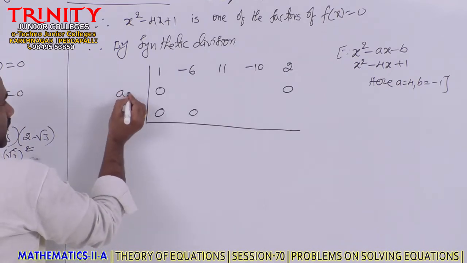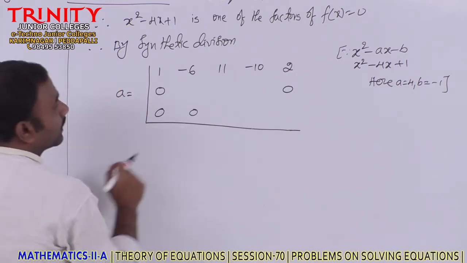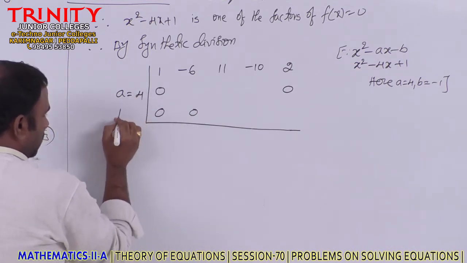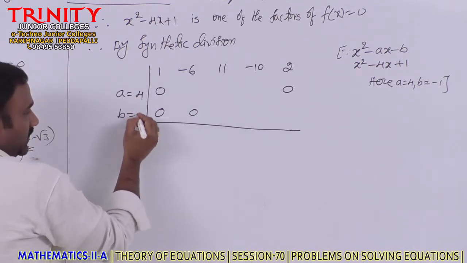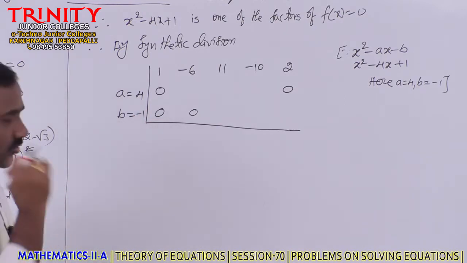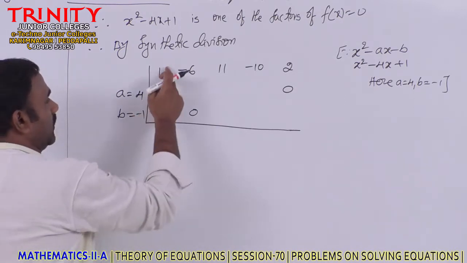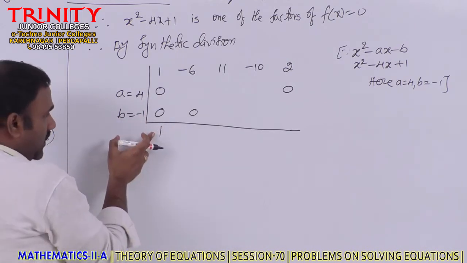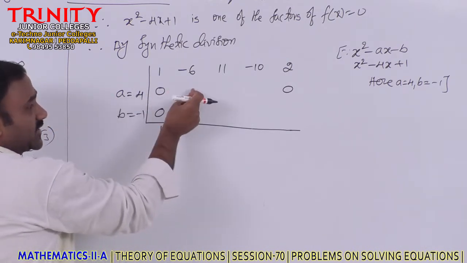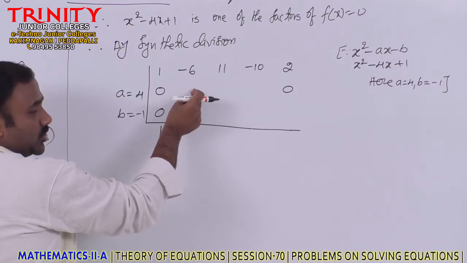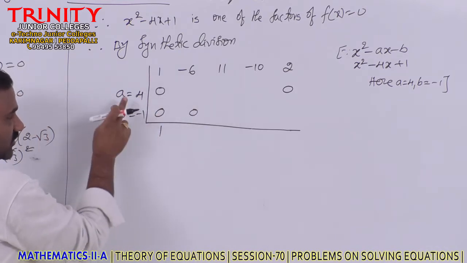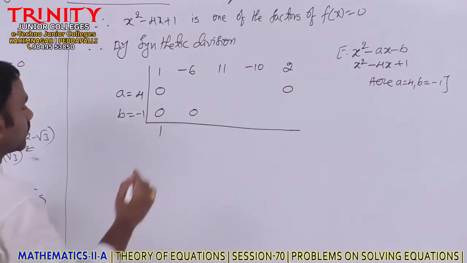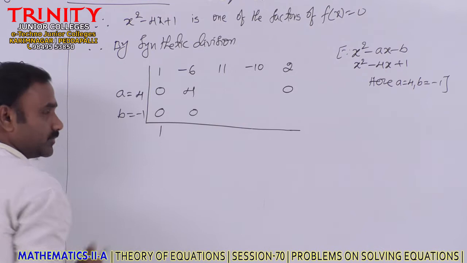Now in the second row we write the value of a, that is 4, and in the third row we write the value of b, that is minus 1. Now find the addition. 1 into a, because this is the second row position, so we write the result with a. 1 into 4 is 4.